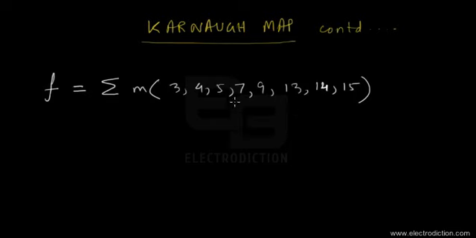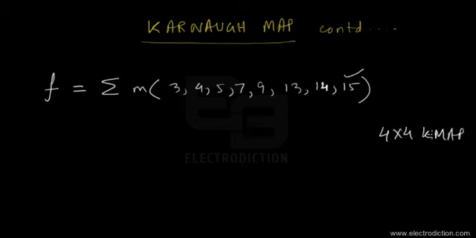We can see that the highest value of the numbers given here is 15. So it's quite clear that we require at least 16 cells to accommodate this function, which means that we require a 4x4 K-map.